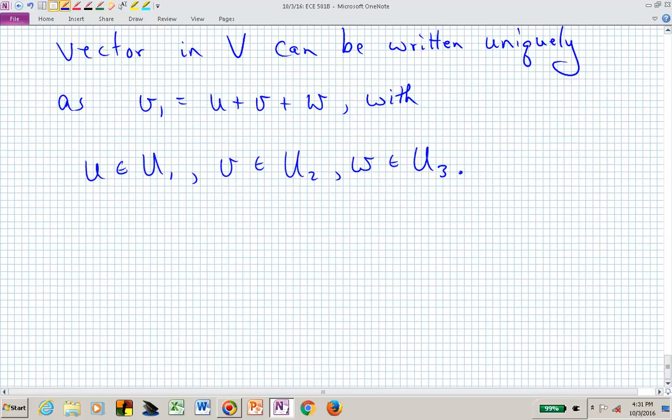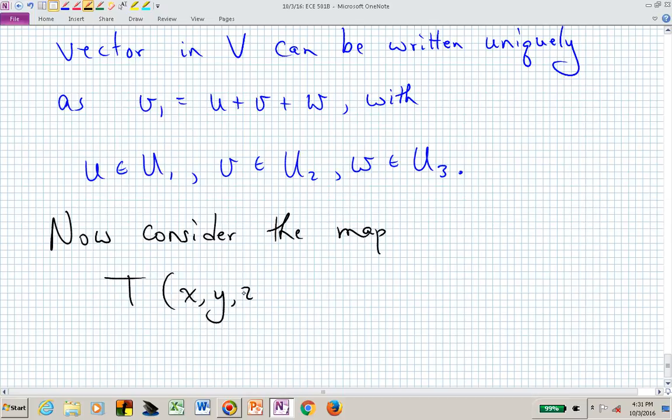Let's now look at a particular map. Suppose we consider the following map. Let's say we have T operating on a 3-dimensional vector, and now we've labeled those x, y, and z.